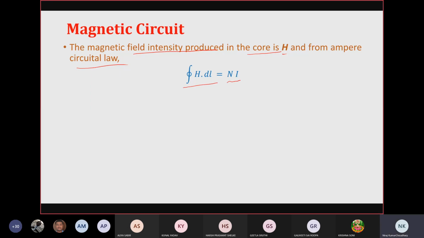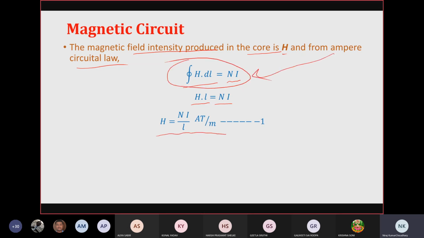If we extend this expression for a small length dl, then we will get H dot l is equal to Ni. So from here you can write H is equal to Ni by L. So this is your basic Ampere's circuital law, right?